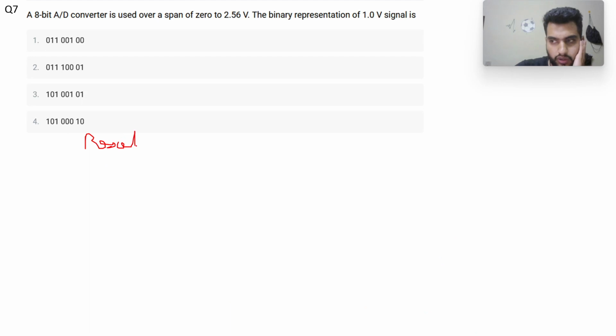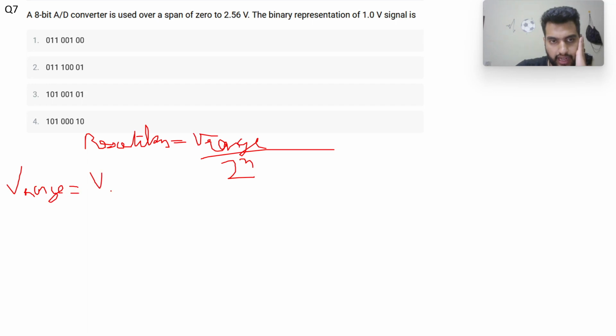So the resolution is equal to V range by 2 raised to the power n. Then what is the V range? It is the span over which it extends. So V range is equal to V high minus V low.